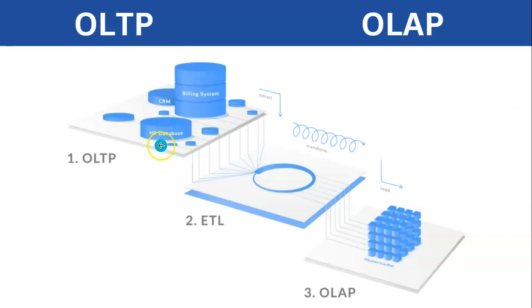Like you can see the HR database, which includes the data for the HRs. This includes the billing system. This includes the CRM, that is customer relationship management. So all the data is distributed among each one of them. This is the OLTP, the online transactional processing database.